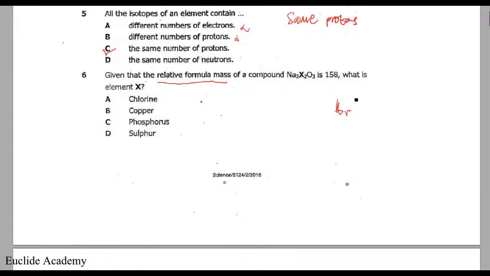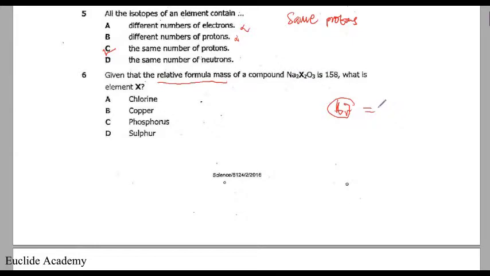So from here we need to find the relative atomic mass of each atom.